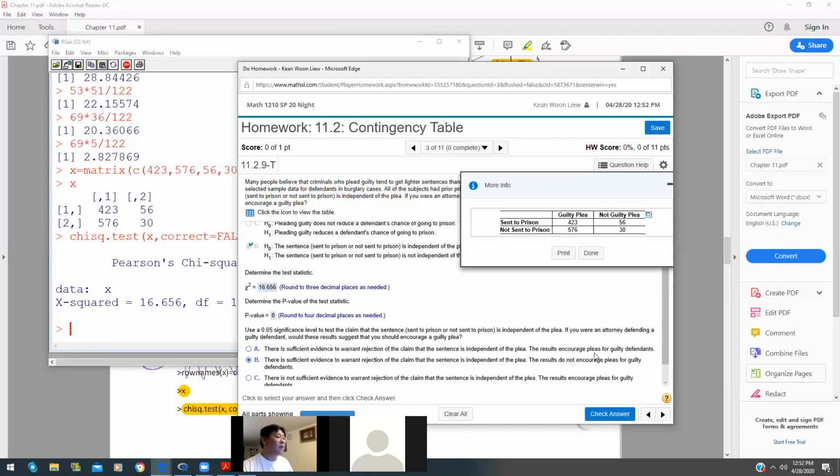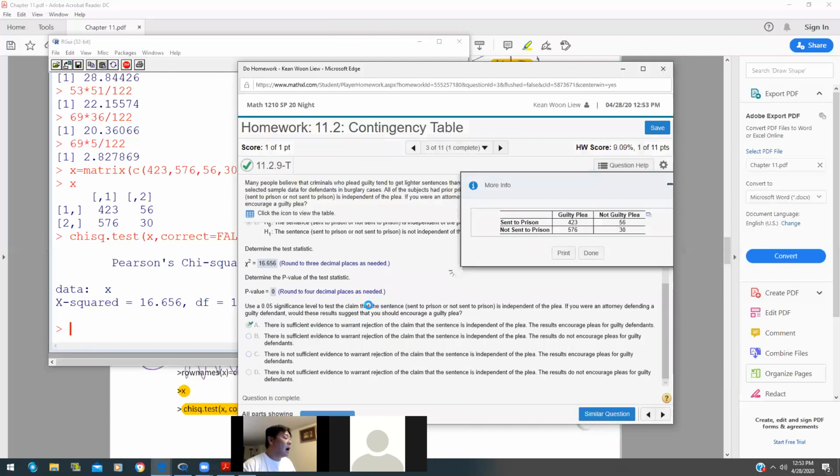So does that encourage pleas for guilty defendants or not? I think it's the other one.